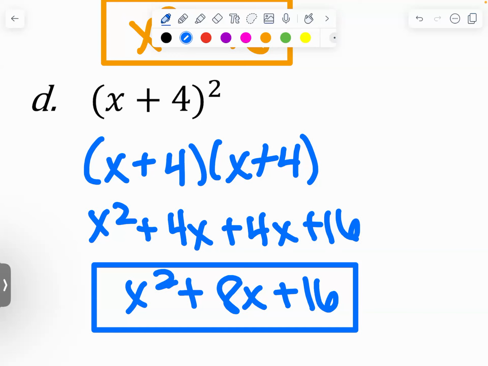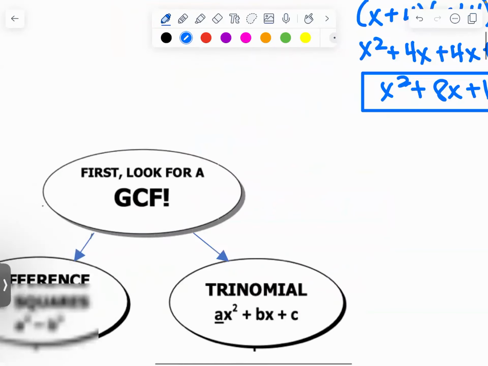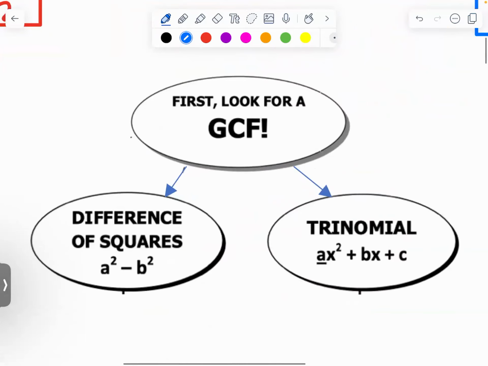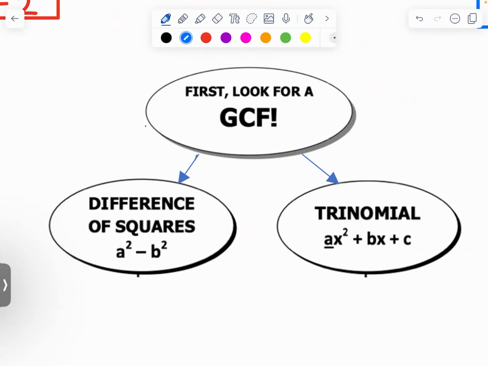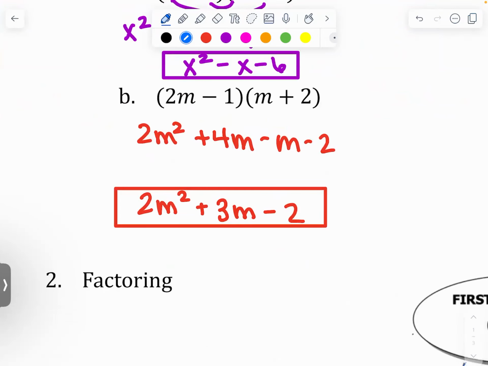The next big thing we need to talk about is factoring. Anytime I ask you to factor, I'm basically asking you to do the reverse of what we did up top. I'm going to ask you to take something that looks like this and get it to look like a product.